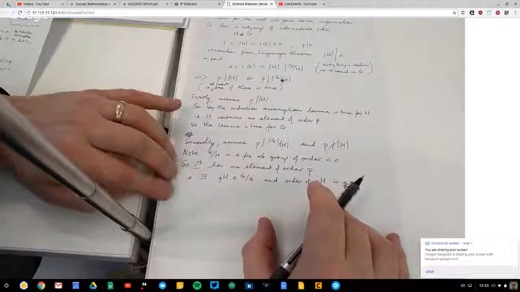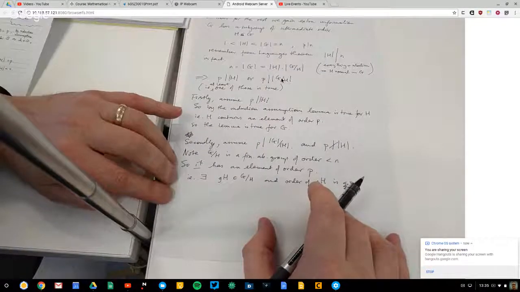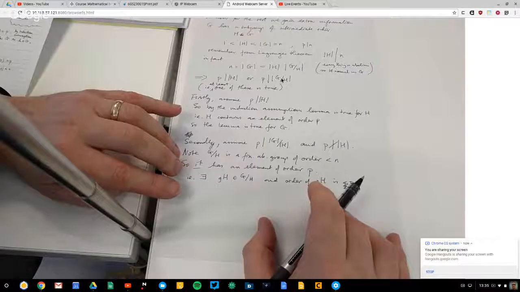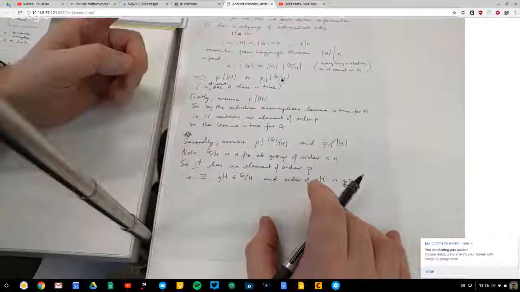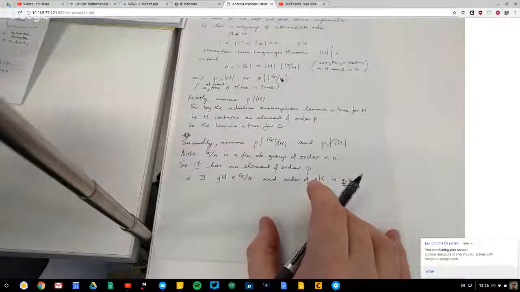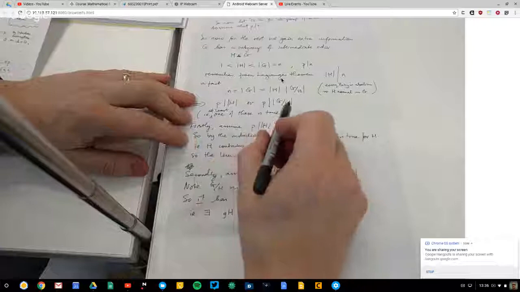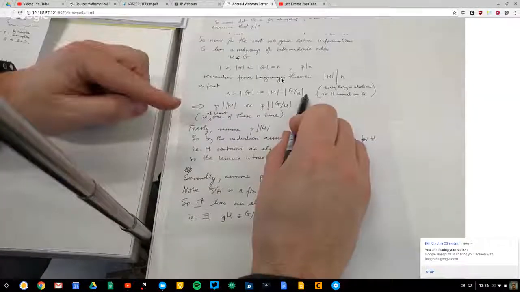Seems eerily similar to the number theory proof of Euclid's theorem: if p divides a product a times b, then it must divide one of them. If it's true for one, then stop. But if it's not true for one, prove for the other. Yes, you're exactly right.